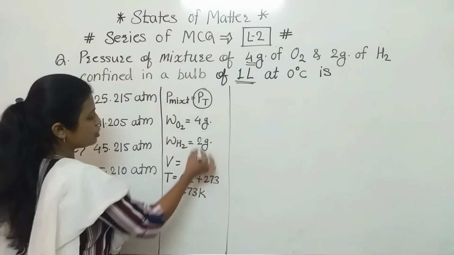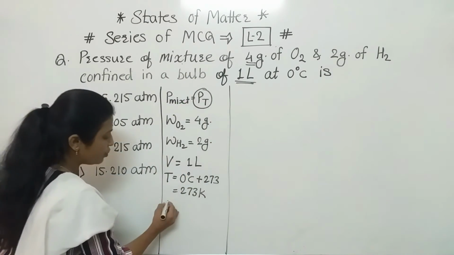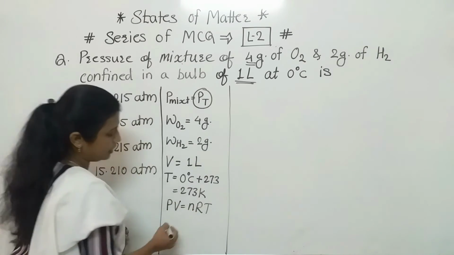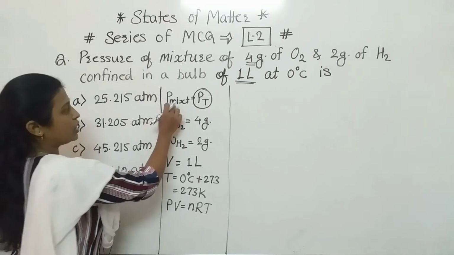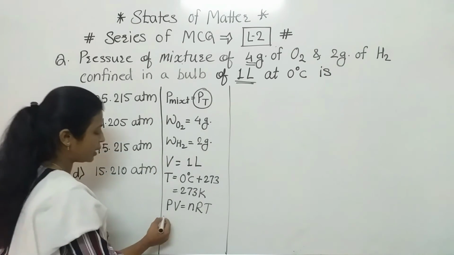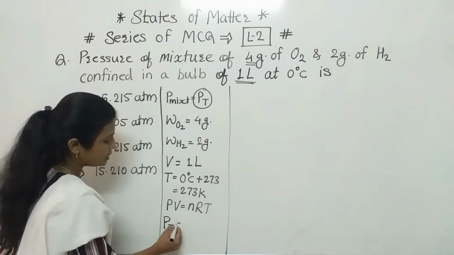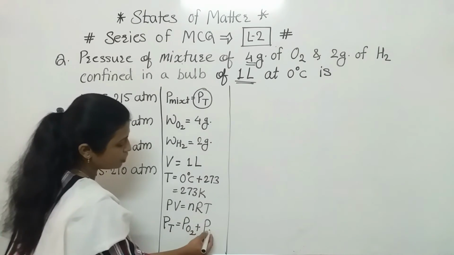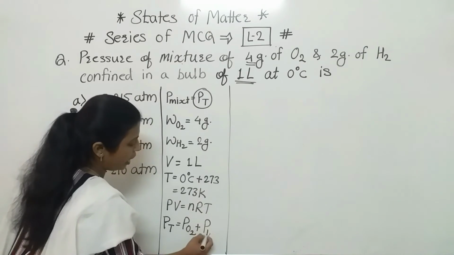Now from this given data we have to use the formula PV is equal to nRT. As we know, if we want to find out the total pressure, that is nothing but the pressure exerted by two gases, the pressure exerted by the oxygen as well as the hydrogen.